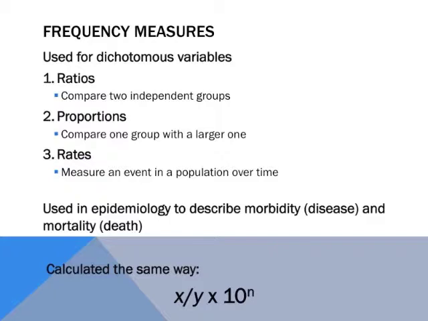Before we focus on specific measures, it's important to understand the relationship between the three types of measures and how they differ. All three measures are based on the same formula of x over y multiplied by the rate base. In this formula, x and y are the two quantities that are being compared. The formula shows that x is divided by y.